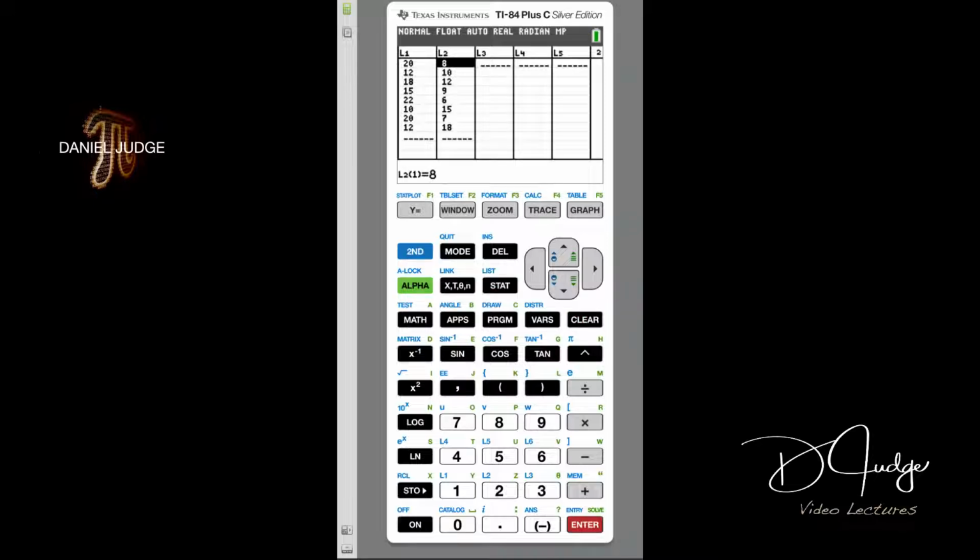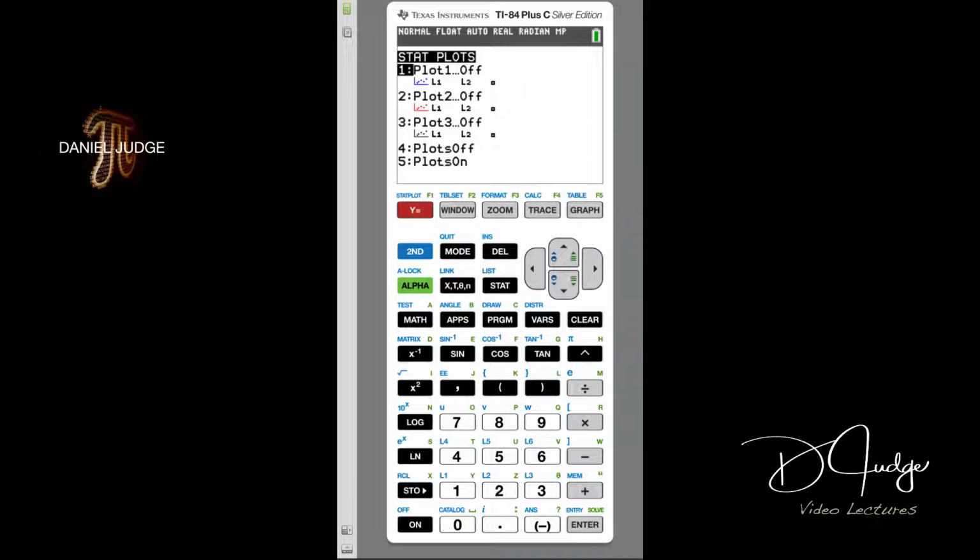Stat, Edit. We're on that data value. Second Y, I think we have to turn something on here. We have to go turn it on. Stat plots. Got to go Plot 1 On, I believe. Let's hit enter there.